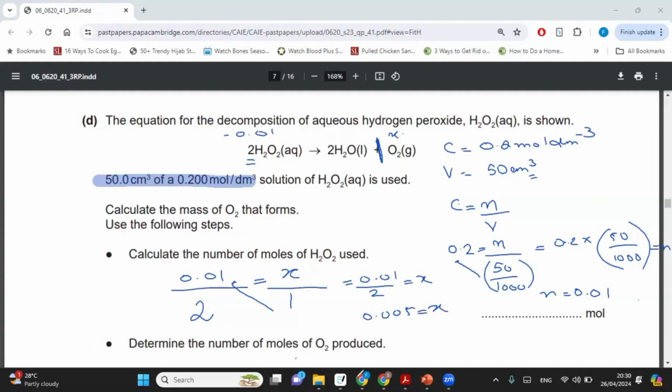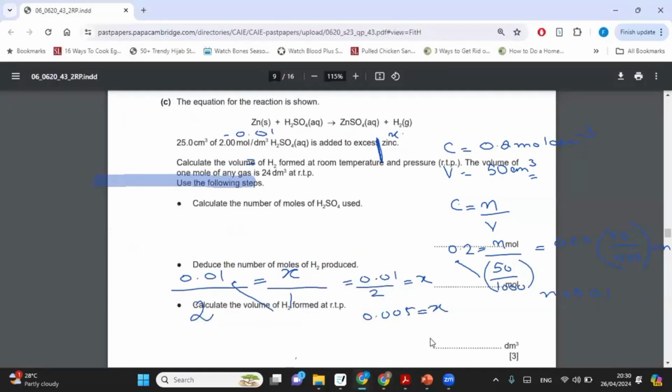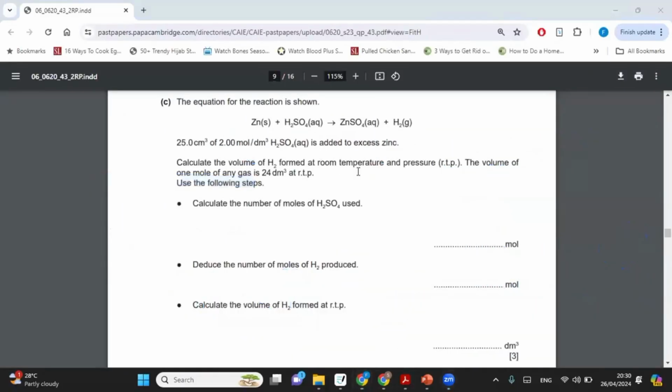In the question that we just considered, the previous question, this one, there was 1 of sulfuric acid and 1 of hydrogen. Let's say the moles of sulfuric acid were coming around 0.05, right?